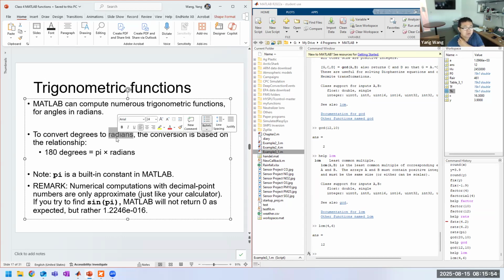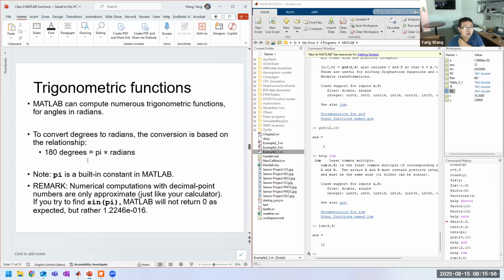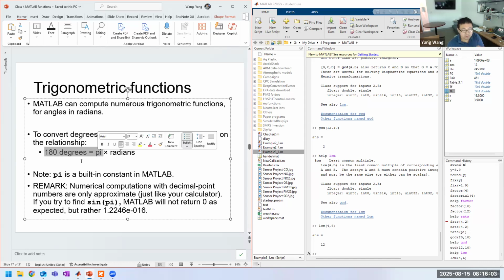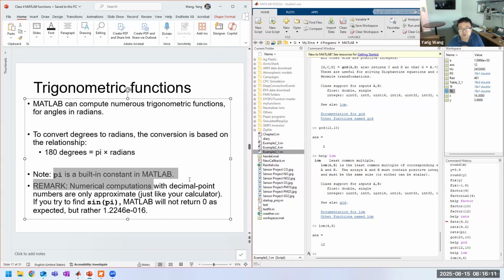So use pi. For example, 180 degree means pi. 360 degree means 2 pi, right? 90 degree is pi divided by 2, okay? So that's why pi is a built-in constant in MATLAB. You can directly type in pi over there, right?